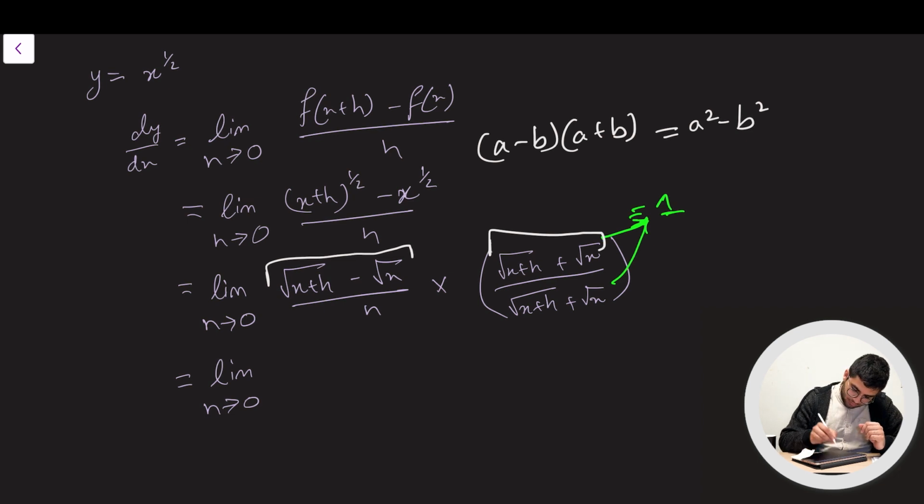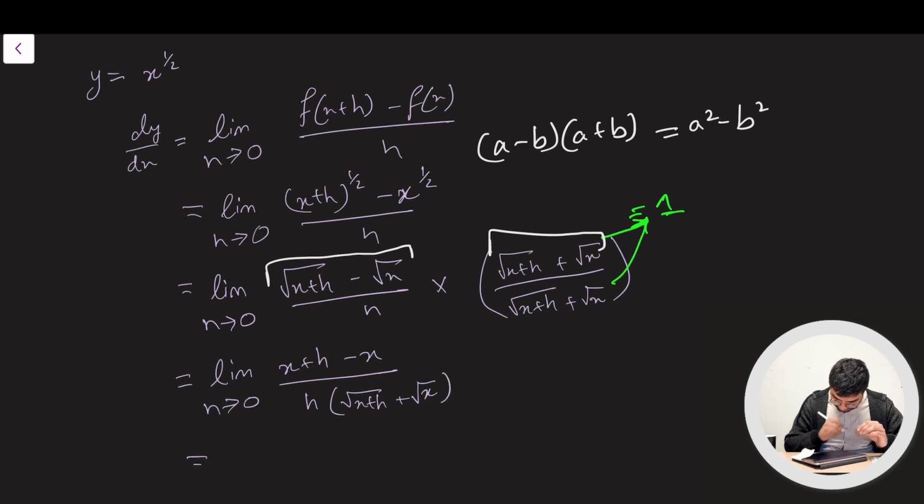So that would be a squared take b squared: x plus h take x all over h times whatever's on the bottom. Let's fix my x here. So that is what you are left with.